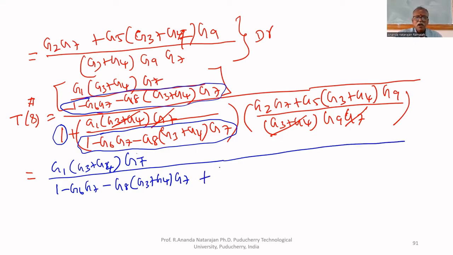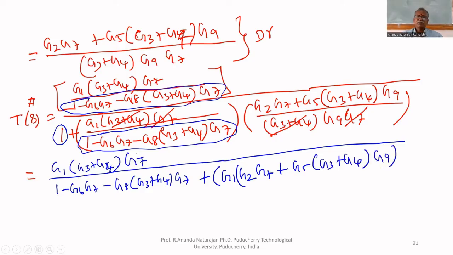Plus G1, only there, then G2, G7 plus G5, G3 plus G4 into G9.